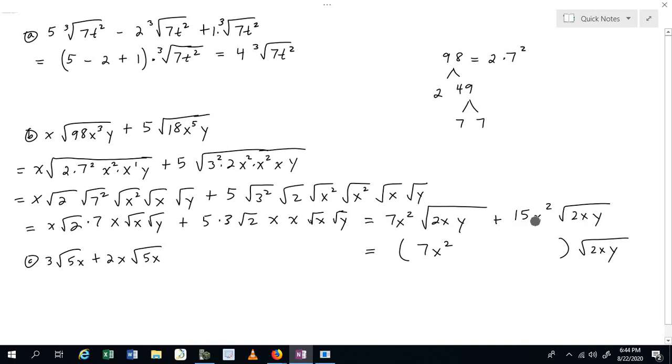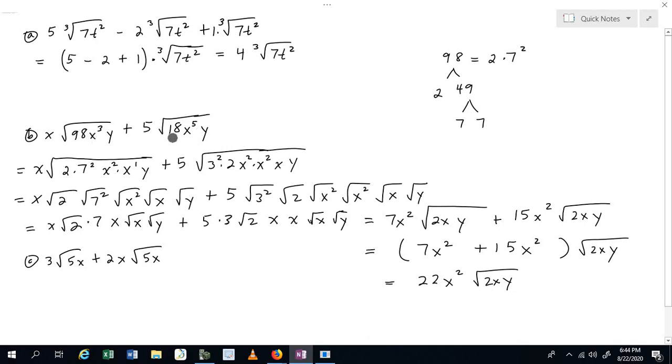And I'm left with 15x squared when I factor it out of this. And then these two are like terms, so you can add these together and you have 22x squared times the radical, the square root of 2xy.